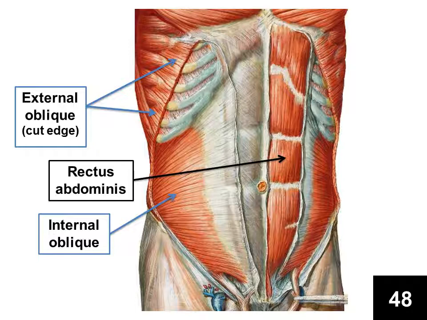Now the rectus abdominis lies between the aponeuroses of the external oblique, internal oblique and transversus abdominis, which form the rectus sheath.